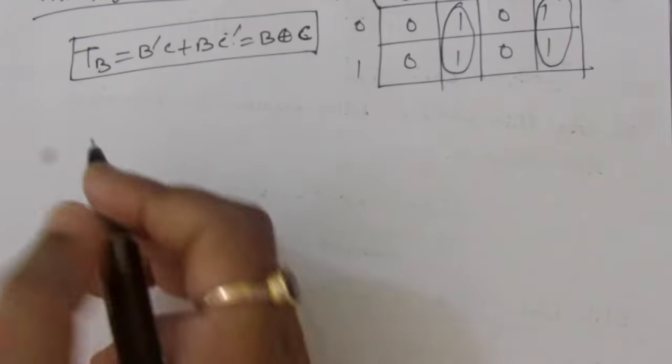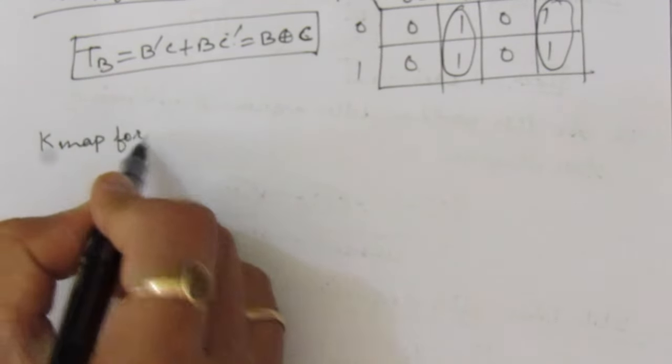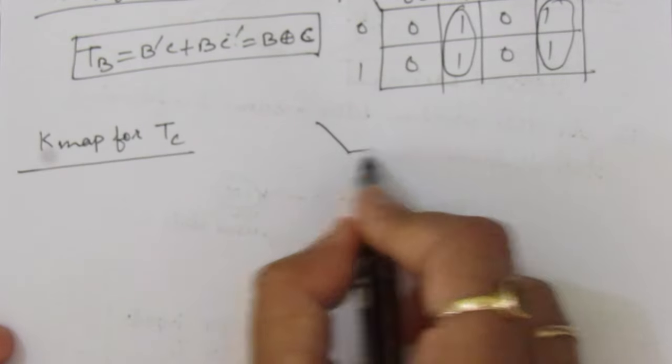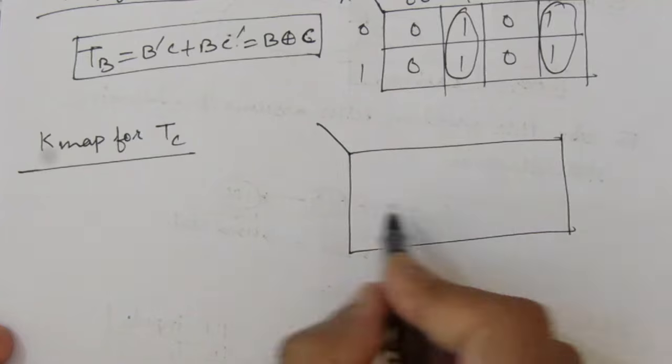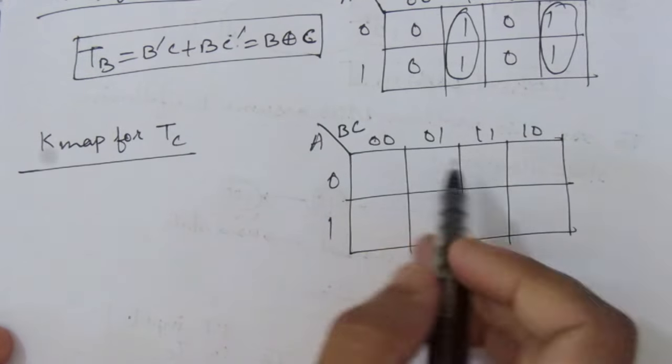So these two TA and TB values are same. Now let us go for TC. K map for TC. Okay, so here also we'll have a 3 variable map. Now we have to fill up this table with TC values from the modified table.